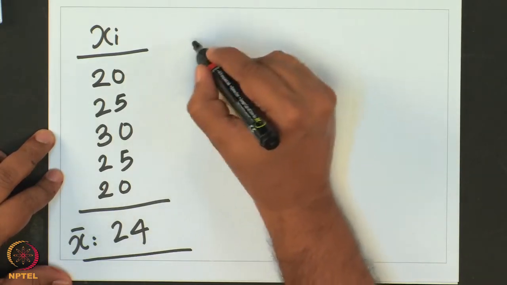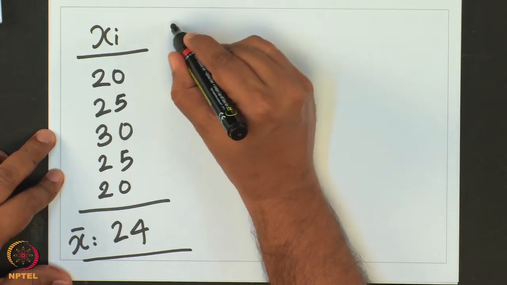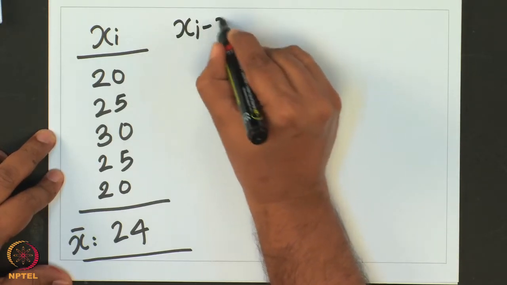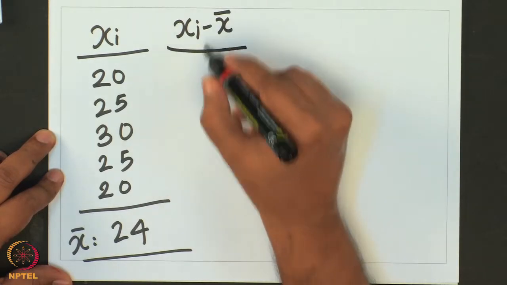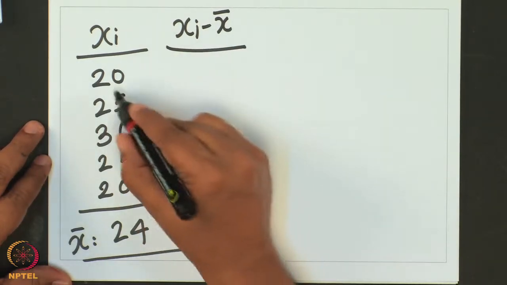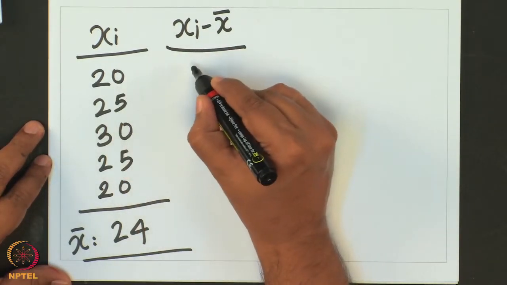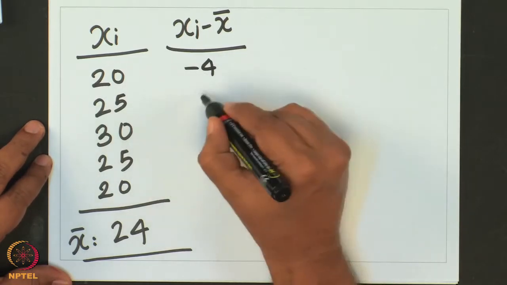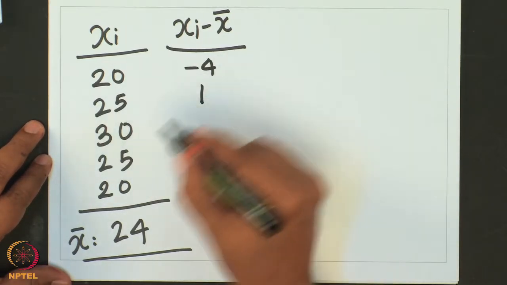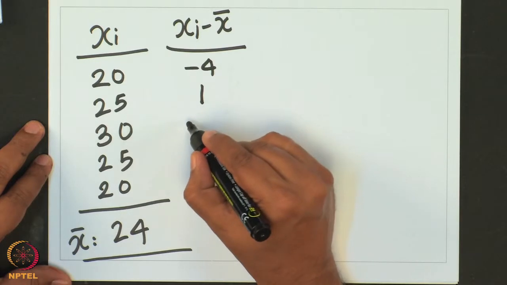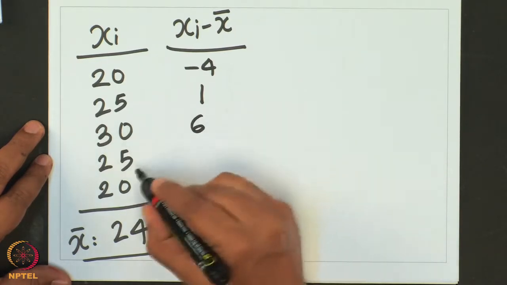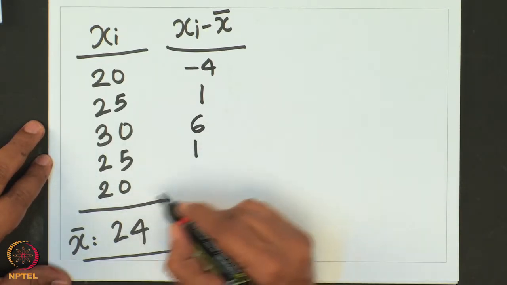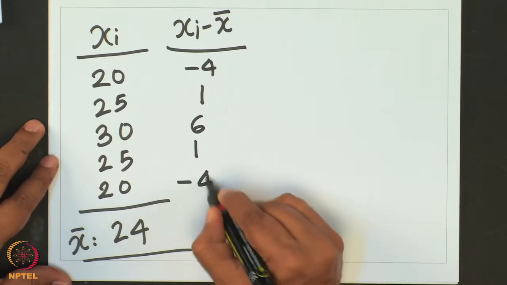Now the next thing to calculate for standard deviation is xi minus x bar. So I should subtract this x bar from each of these. 20 minus 24 is minus 4, 25 minus 24 is 1, 30 minus 24 is 6, 25 minus 24 is 1, 20 minus 24 is minus 4.